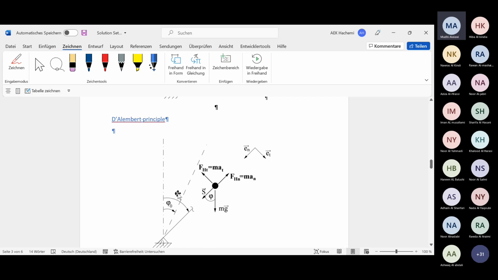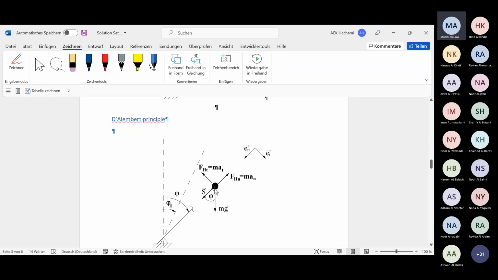If we cut and do the free body diagram, we have the external forces m g and the rod force S, which is always taken in traction, and we use the same coordinate system with unit vectors e n and e t.